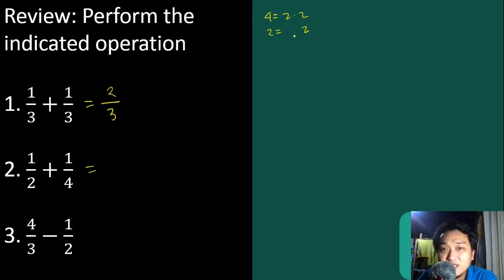So 2. Hinihilera natin yung mga magkakaparehong prime factors, tapos pero lahat sila ibababa natin. So 2 times 2, that is equivalent to 4. So the LCD, the least common denominator, is 4.